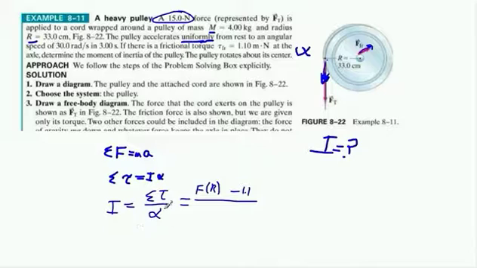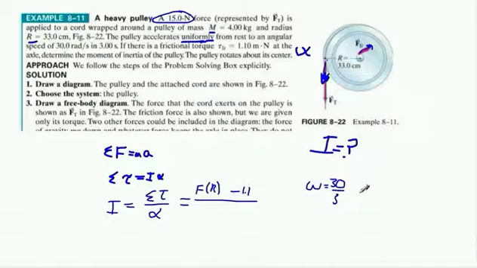And angular acceleration, well, they said angular speed, so they gave us omega is 30 radians per second, and they gave us in 3 seconds. So what is that? 30 divided by 3? I think it is.